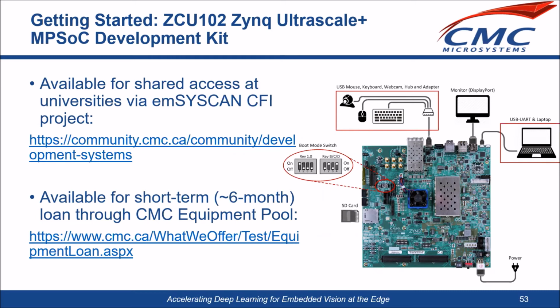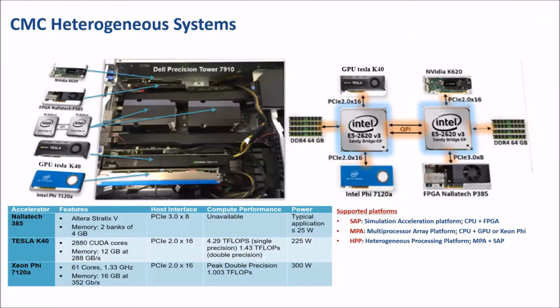We also have a number of these platforms available for short-term loan in our equipment pool, and the loan terms are around 6 months, or if needed longer, that can be arranged. The HPP that was used in the training phase was also provided through the MSysCan project. The platforms include FPGA accelerators, NVIDIA Tesla K40 accelerator, and Xeon Phi as well.